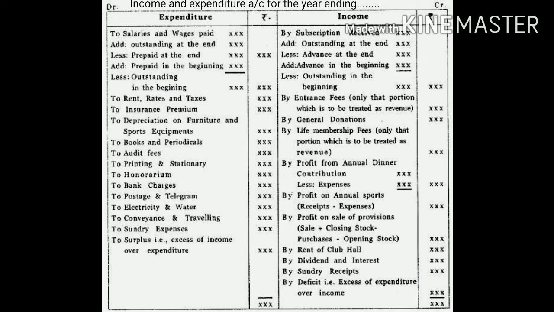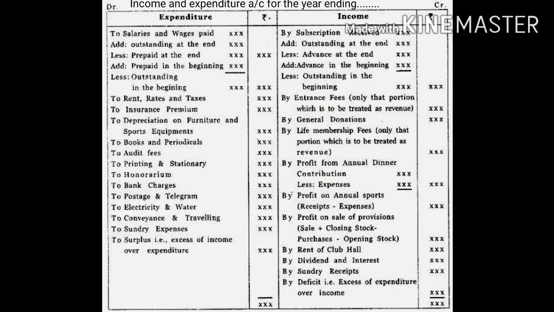Next, let's move on to the credit side, which is income. By subscription received, add outstanding at the end, less advance at the end, add advance in the beginning, less outstanding in the beginning. By entrance fees, only the portion which is to be treated as revenue.